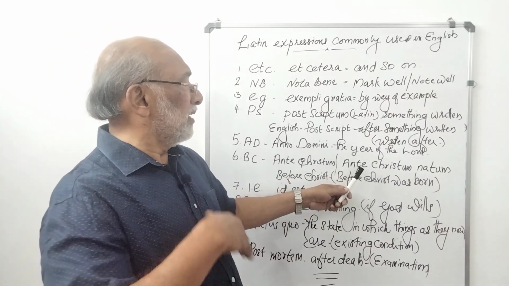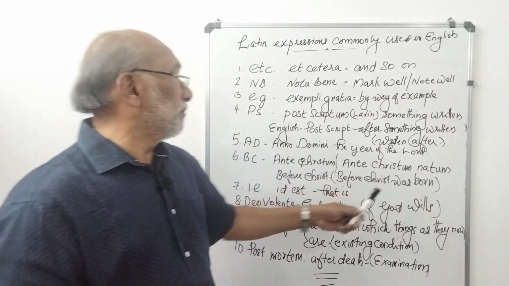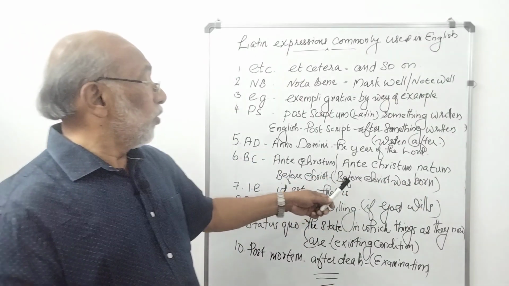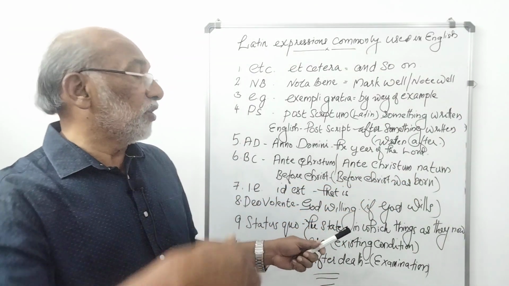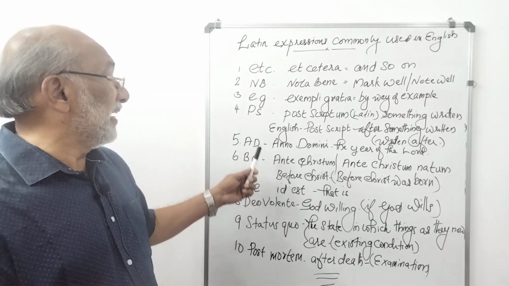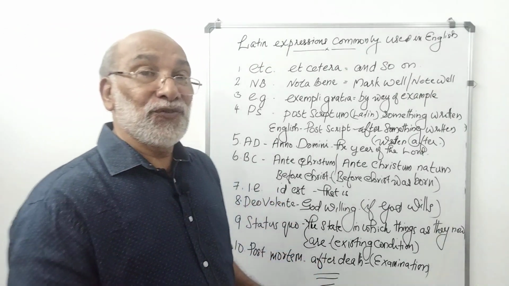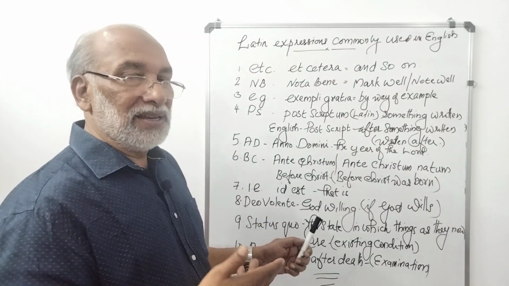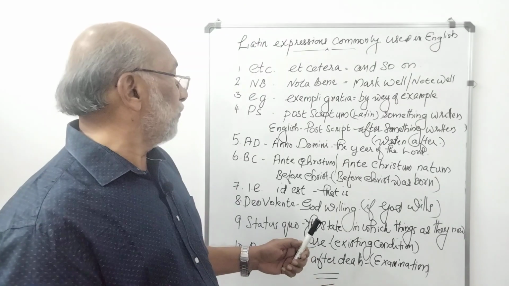In the full form we say Ante Christum natum. That means before Christ or before Christ was born. That means the period before the birth of Christ is noted as BC. And AD means after. Sometimes we say after the death of Christ. Anno Domini. AD begins with the death of Jesus Christ.